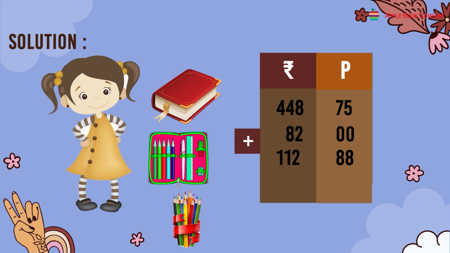So the total money spent is equal to 448.75 plus 82.00 plus 112.88 is equal to 643.63. Thus, Tanya spent 643.63 paise on the stationery.